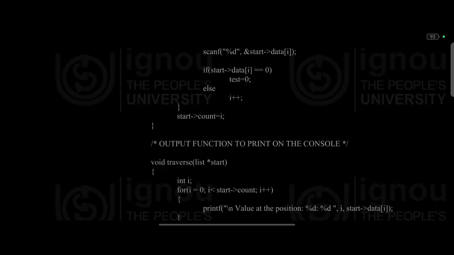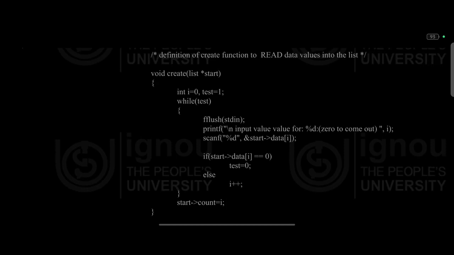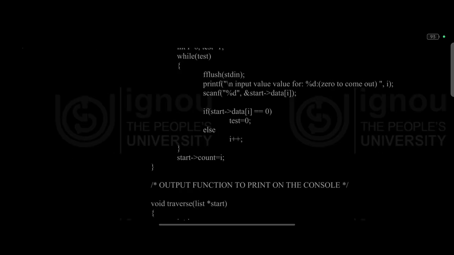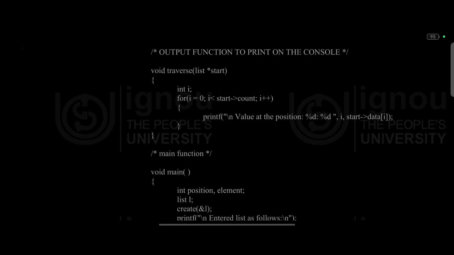Okay, so here int i = 0, test will be 1, while (test) { fflush(stdin); printf("Input value for %d: ", i); scanf("%d", &s->data[i]); if (s->data[i] == 0) test = 0; else i++; } s->count = i; } Output function to print on the console.